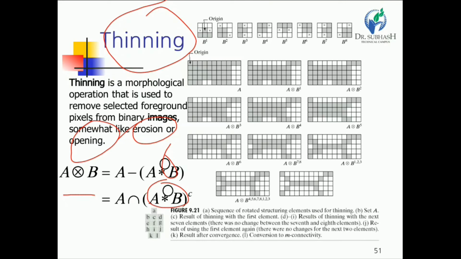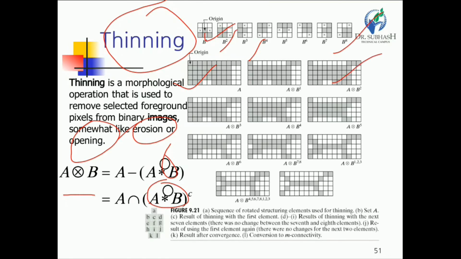Now we have to represent this function in figure A. This is the sequence of rotating structuring elements used for thinning, right? So these are B1, B2, B3 up to B8, and in figure B this is the set A, and in figure C there is the result of thinning with the first element, and figure D is the result of thinning with the next 7 elements, right?